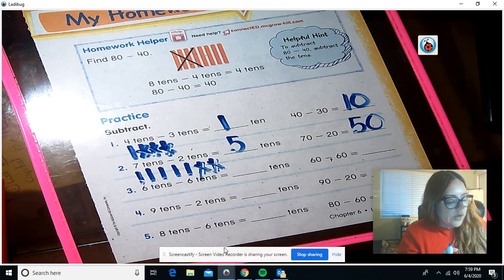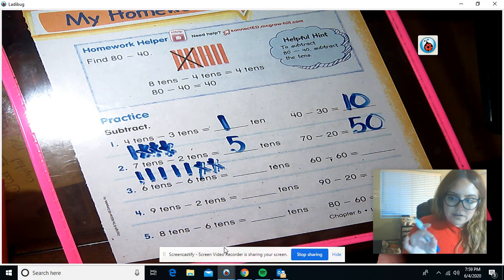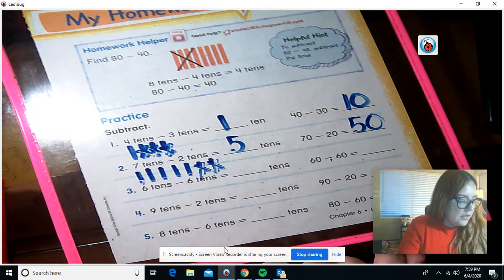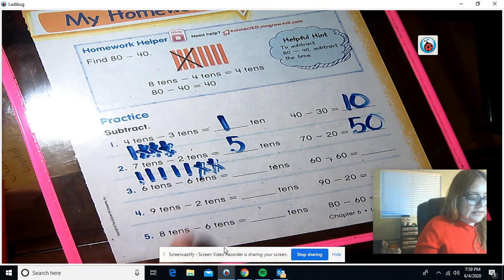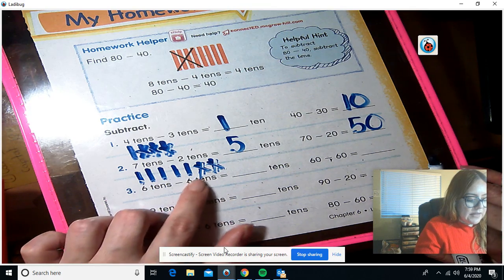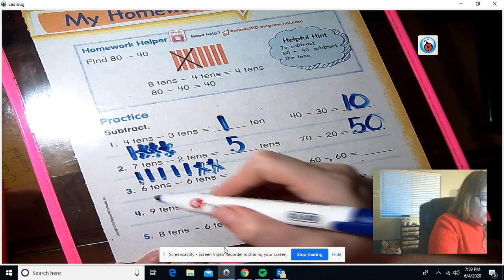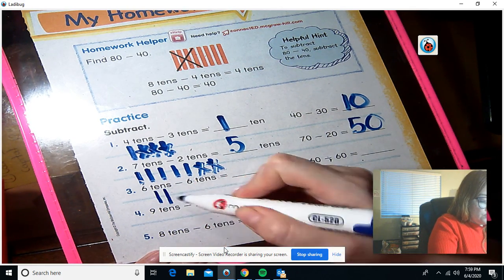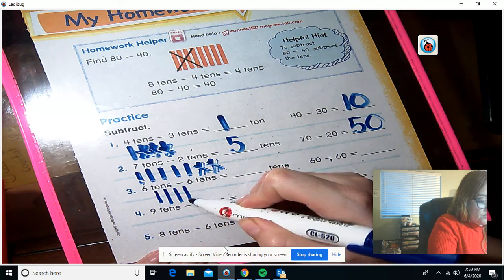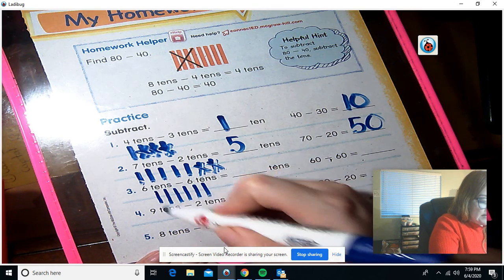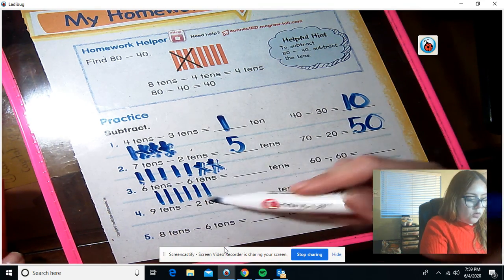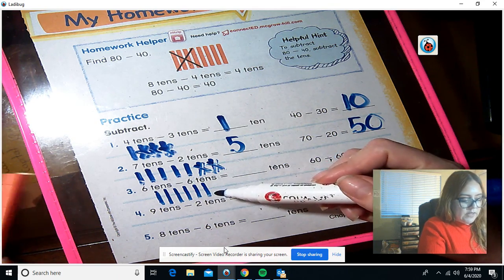Okay, we're going to do one more together on this side, and then you're going to be on your own here. Number 3 says 6 tens minus 6 tens. 1, 2, 3, 4, 5, 6 tens. Remember, that's a whole group of 10. That's one of these.